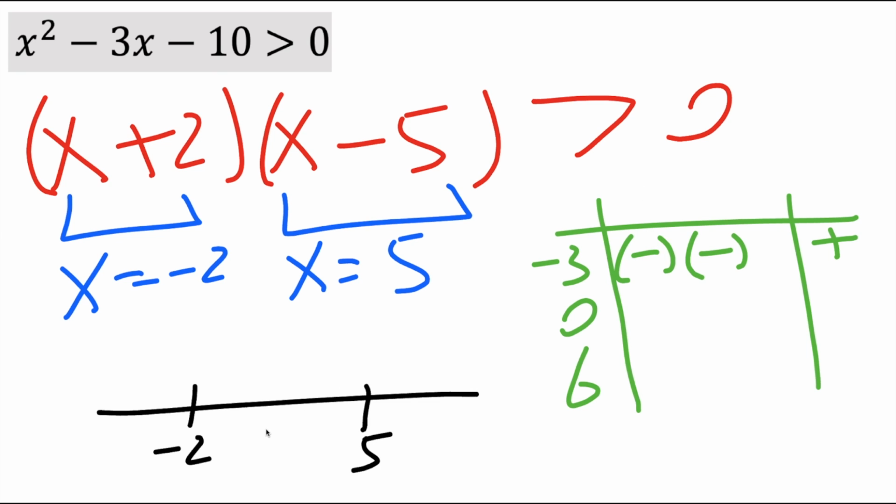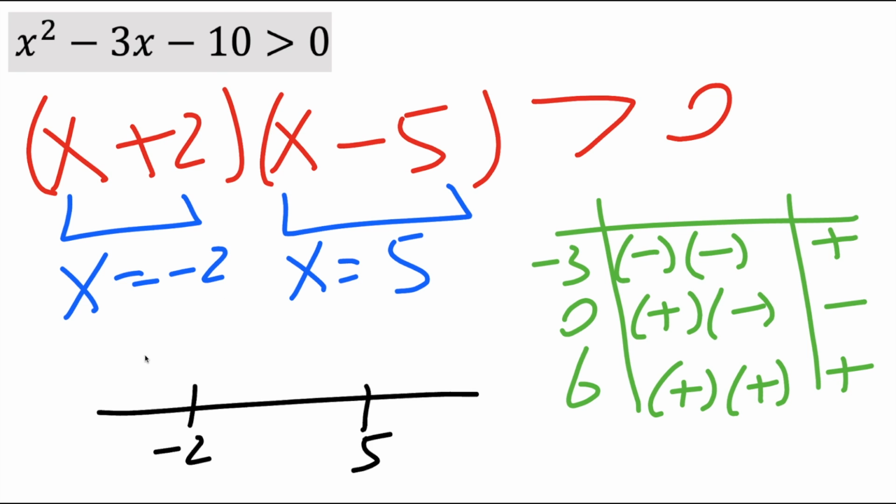Any number that's positive is bigger than 0. Next, we're going to try 0. If x is 0, 0 plus 2 is positive and 0 minus 5 is negative, and a positive times a negative is a negative, so that's less than 0, not one of our answers. Now we'll try 6. 6 plus 2 is 8, so positive. 6 minus 5 is positive 1, so positive, and a positive times a positive is a positive. If you want to do a sketch of this, you could say an open circle, and it goes all the way left.